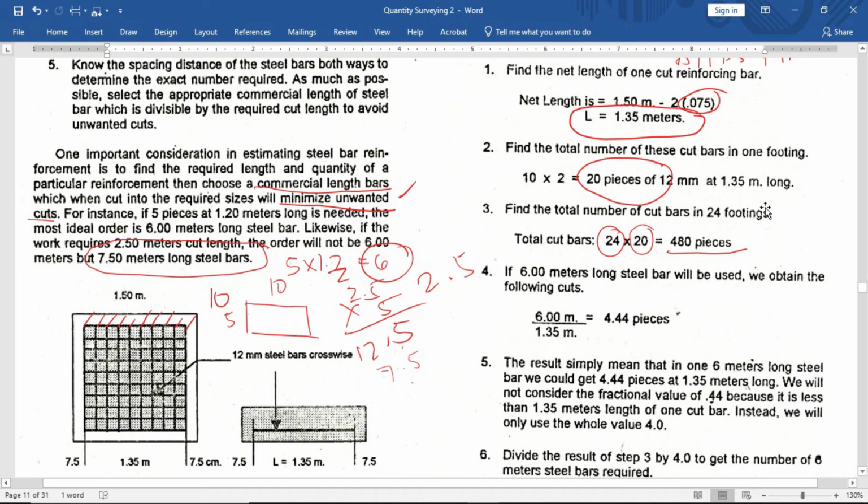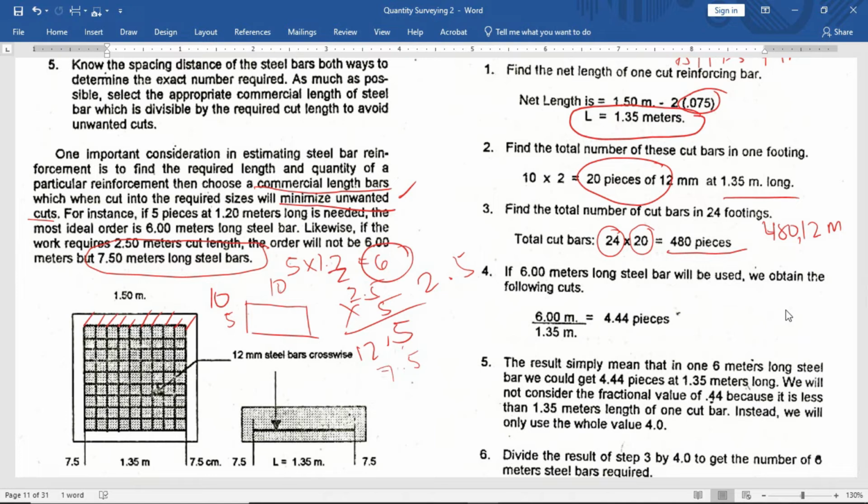So, kailangan natin ng 480 pieces ng 12 mm at 1.35 meters long. Alam natin yung pieces, pero hindi natin alam yung commercial length na gagamitin natin.